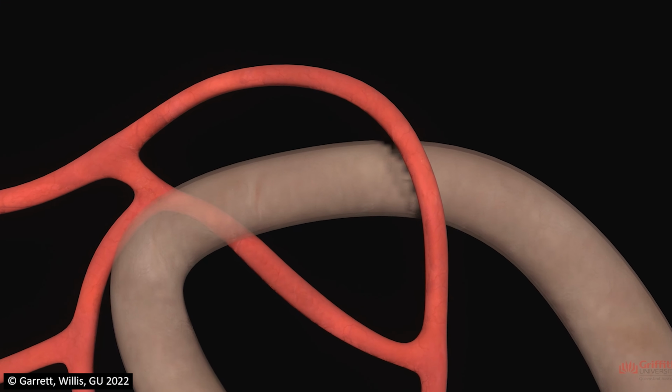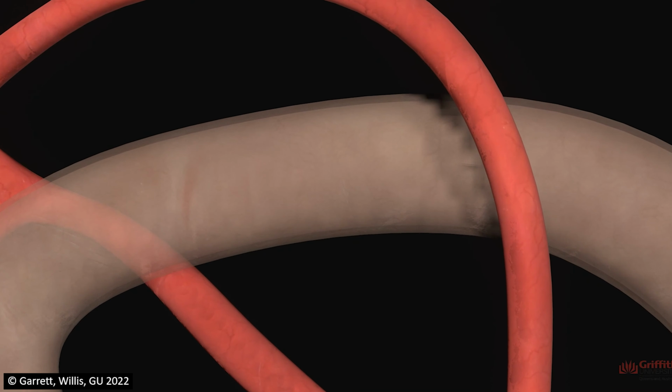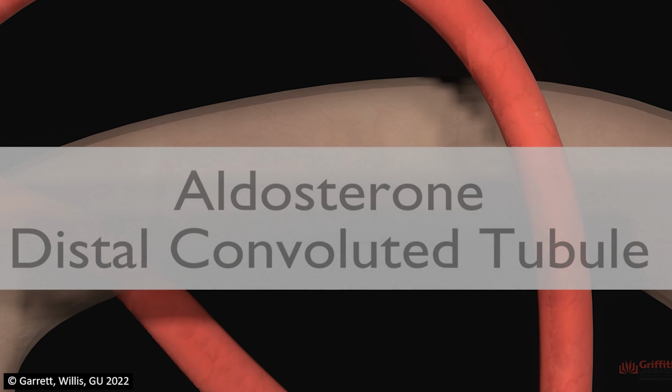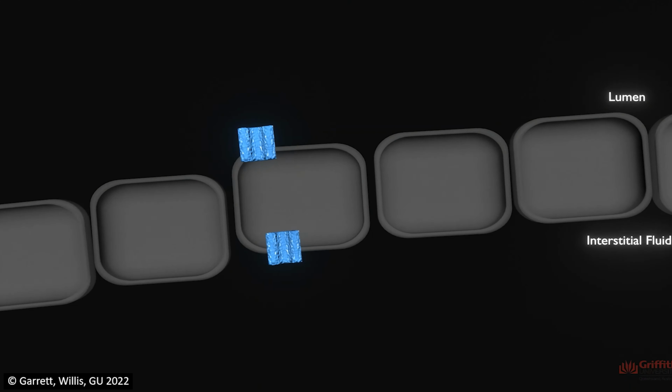Moving next to the distal convoluted tubule. The kidney has mechanisms for fine-tuning the body's water balance. One of the indirect mechanisms uses the steroid hormone aldosterone, which is secreted by the adrenal cortex in the adrenal glands.